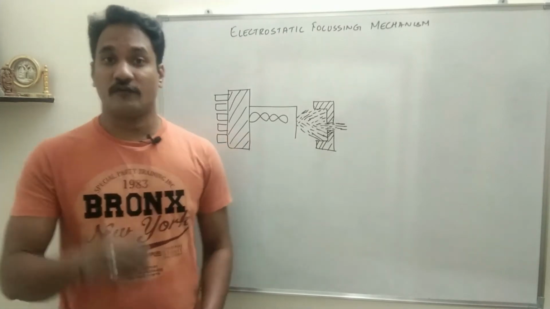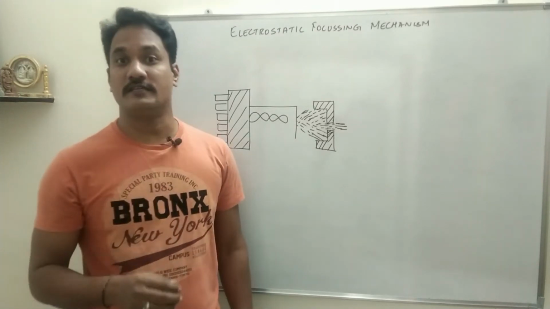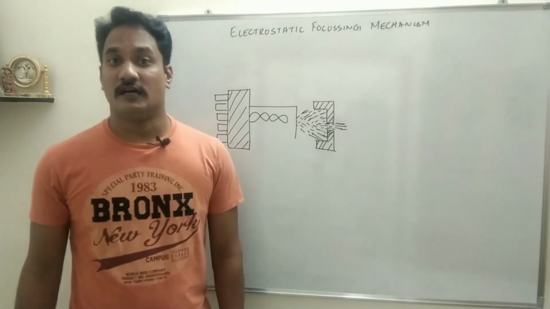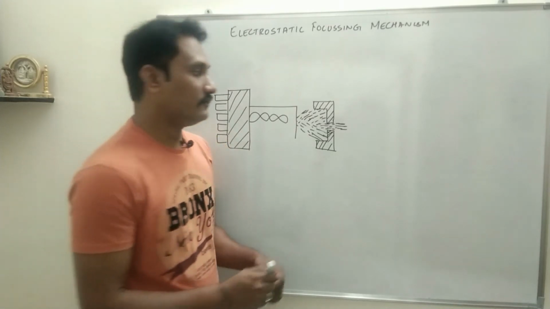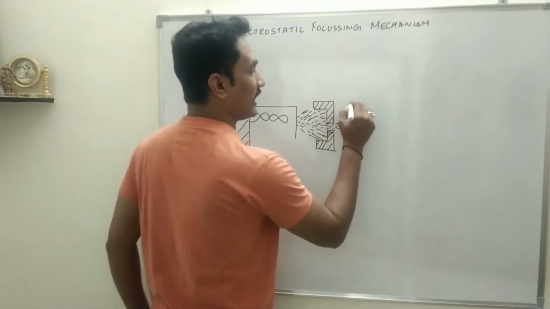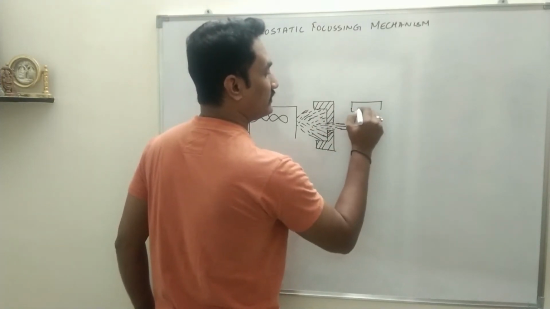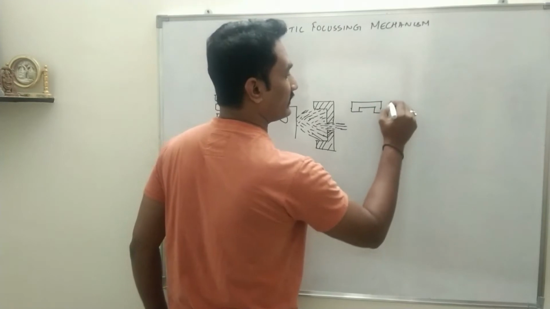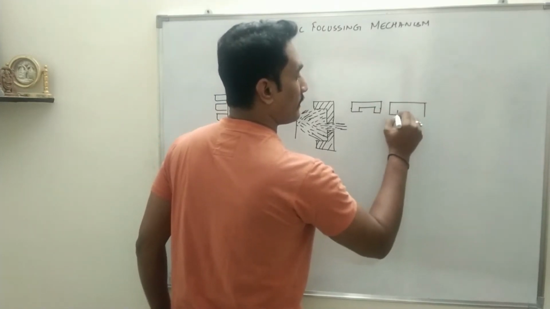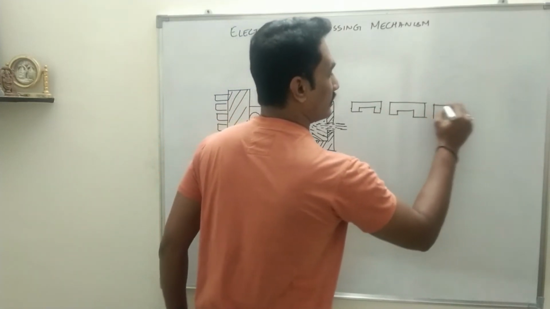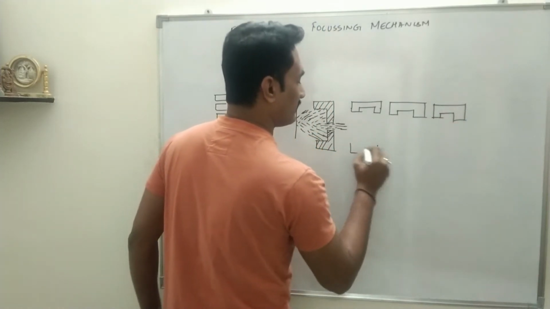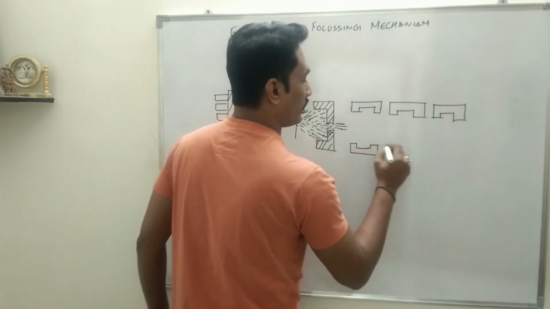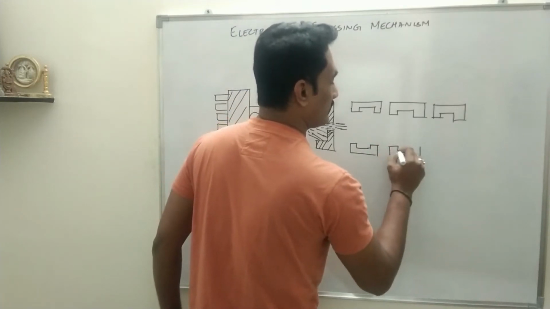Now for these electrons to produce illumination, they should be bombarded on the screen with a very high velocity, right? For that we have three anodes. When you say anodes, that means they are connected to positive potential.